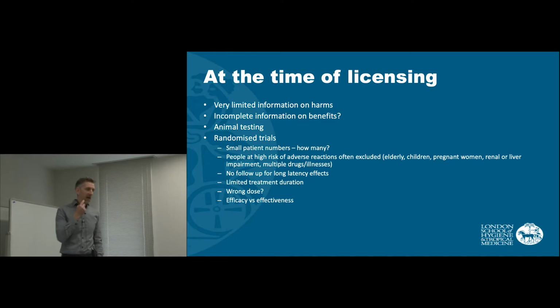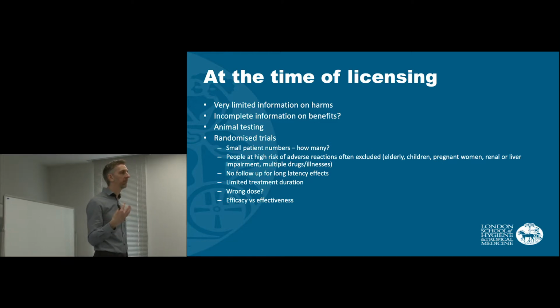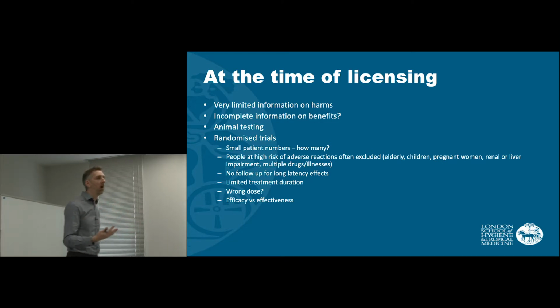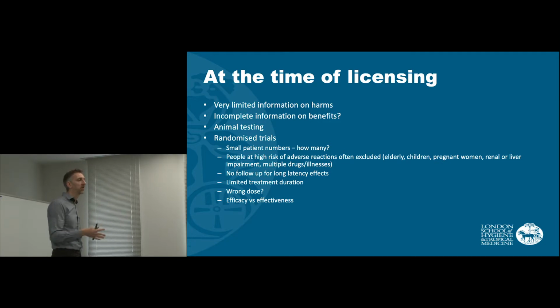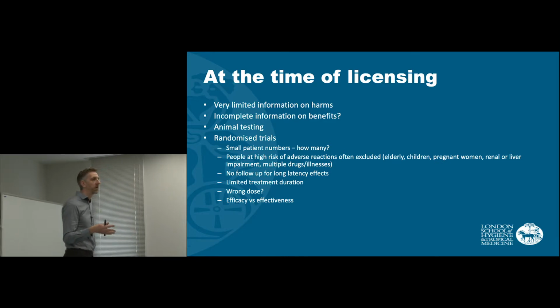So at the time a drug is licensed, even now, even with our very precise way of measuring the safety of medicine during development, we still have very limited information on the potential harms of treatments.